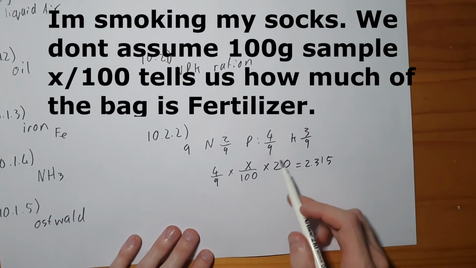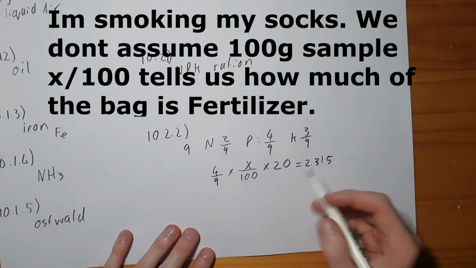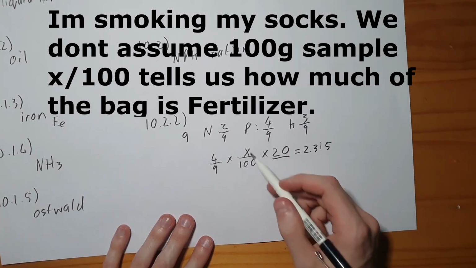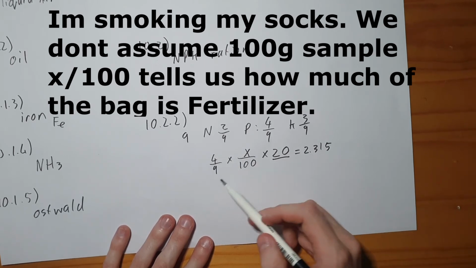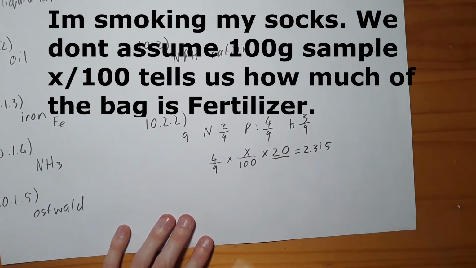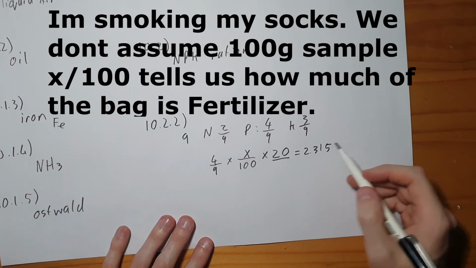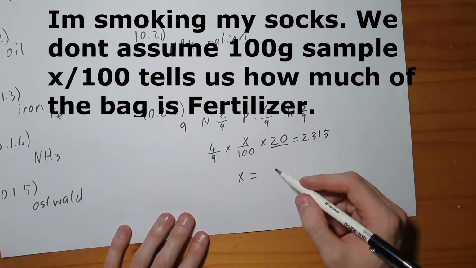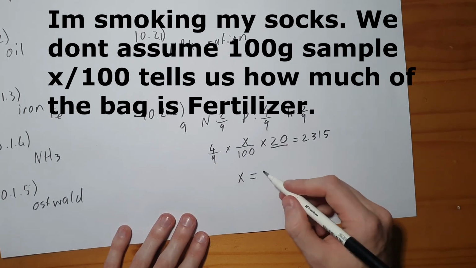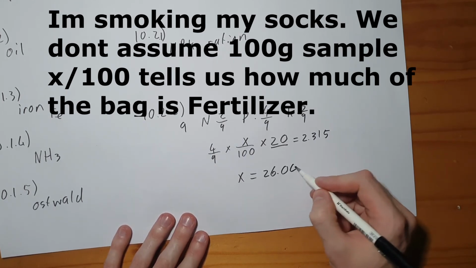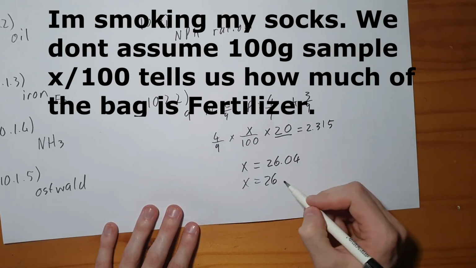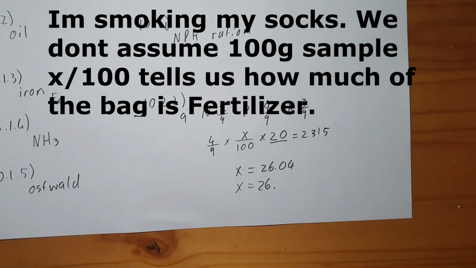Remember, this 20 is the 20 kilogram bag. So out of the 20 kilogram bag, we want to know the percentage that is superphosphates. If we sort out the algebra, you'll get X equals 26.04, which you can round to X equals 26. And that's how we go about doing this question.